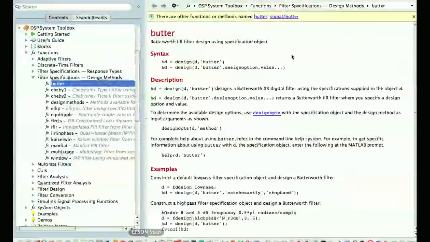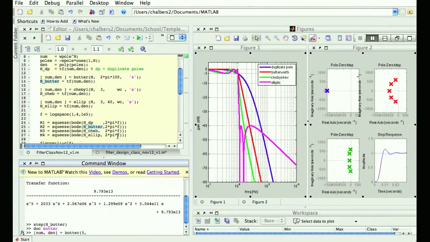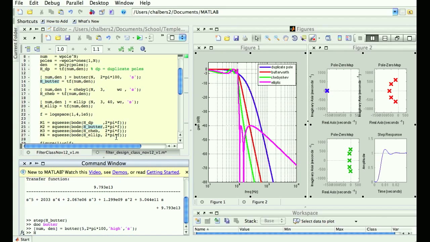Oh, it's cutoff frequency and then type. Stop band analog filter. Must be, not stop, I wanted a high pass filter. Okay. H equals TF numerator denominator.